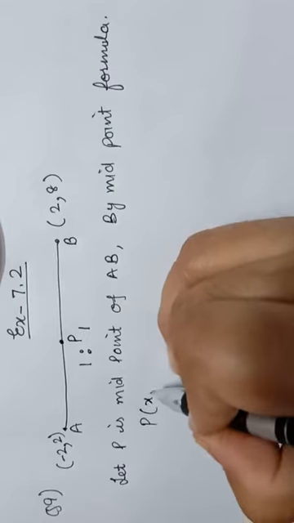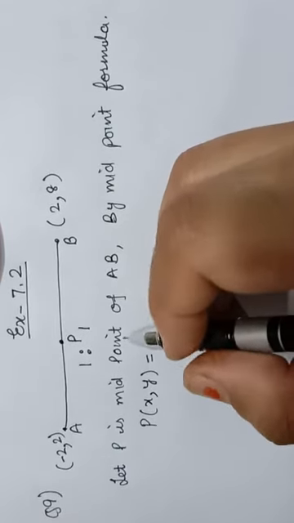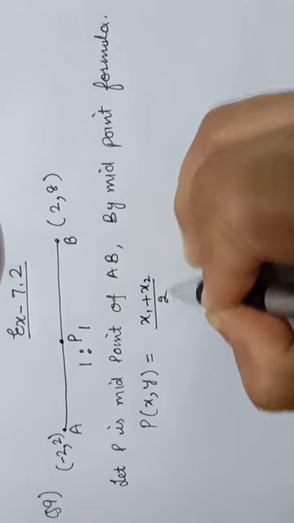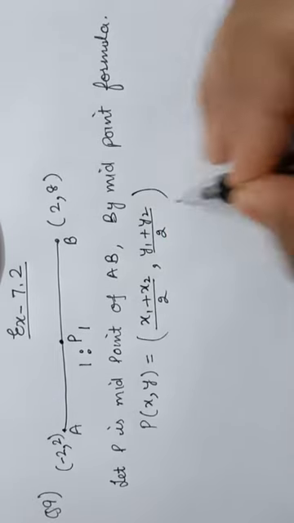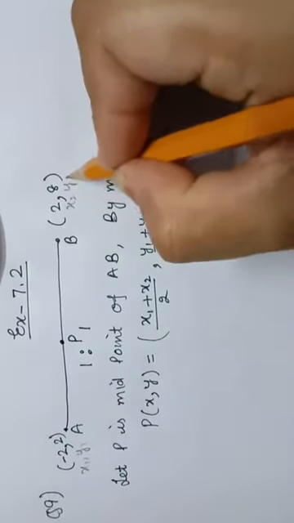P coordinates are (x, y). So apply the formula (x1 + x2)/2 and (y1 + y2)/2. This is the midpoint formula, where (x1, y1) and (x2, y2) are the coordinates of the endpoints.